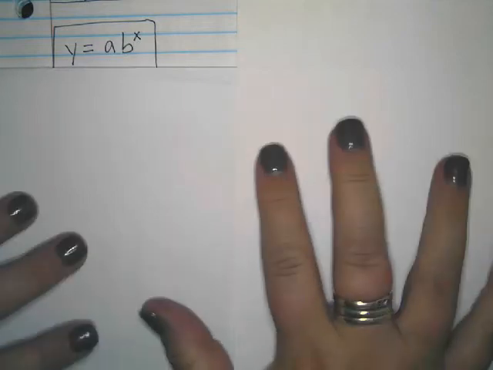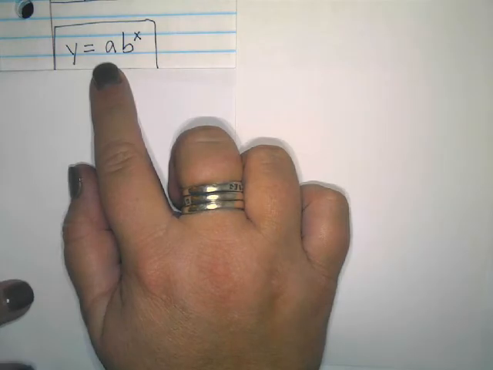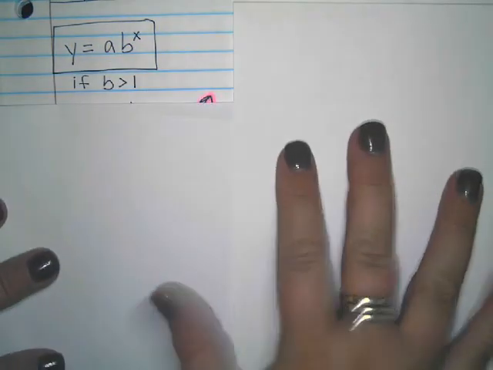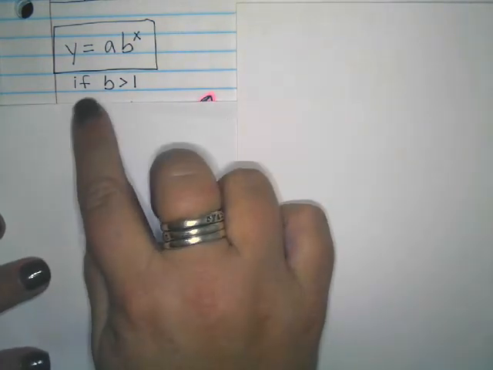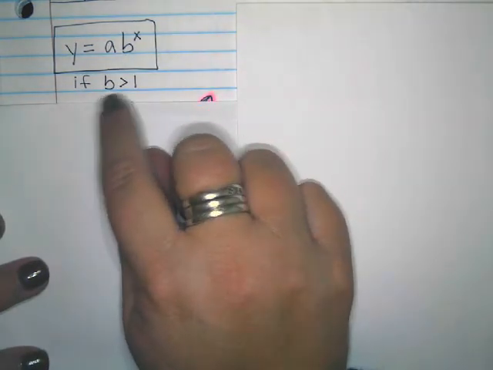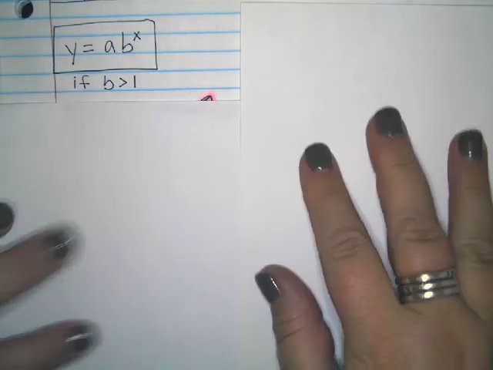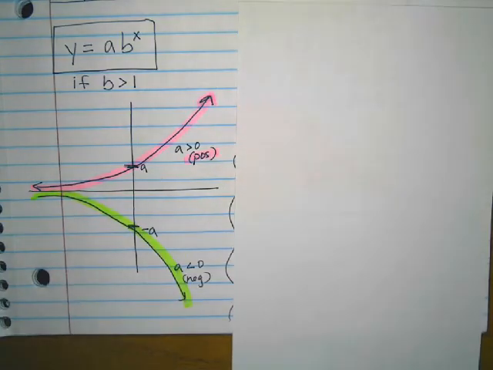Now the next thing we're going to take a look at are two graphs. And we're going to sketch these two graphs, again, with this standard equation of y equals ab to the x power. And on this side of my sheet, I'm going to look at what a graph looks like if b is larger than 1. So if b is bigger than 1, this is what my graph looks like. There are these little swoops.